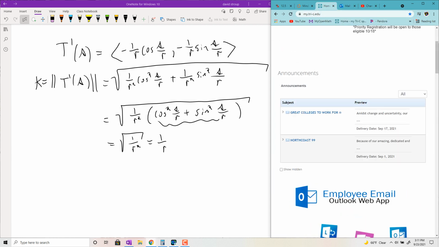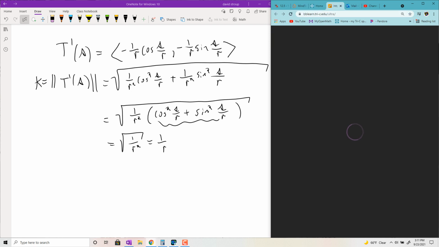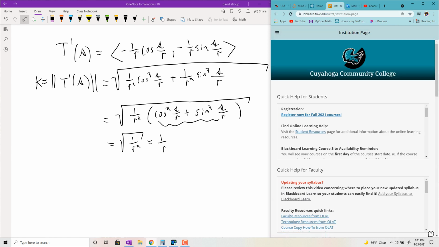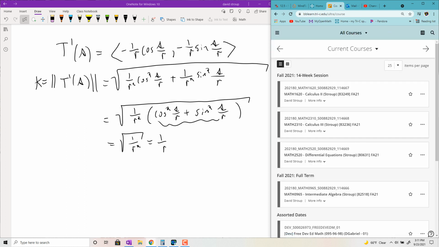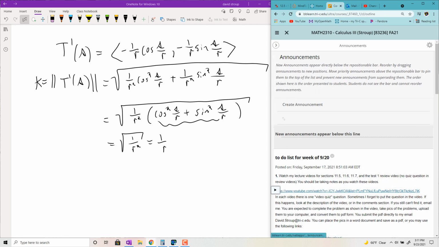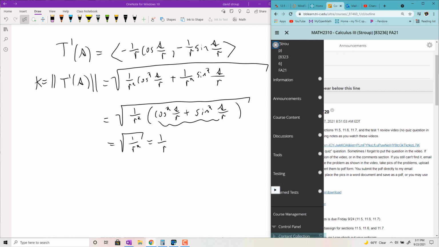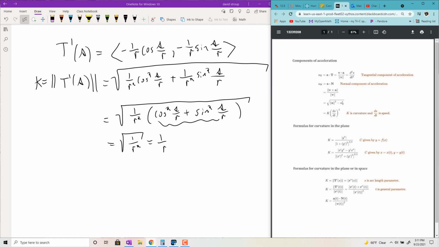Go to your home page, go to the blackboard, go to courses and go to Calc 3 and course content. And then for test 2, I'll allow you to use these formulas. So you either can print this out or make a copy by hand for the test.